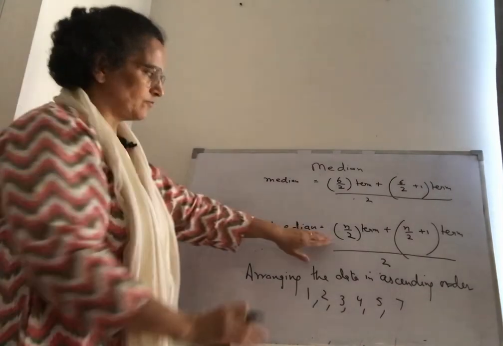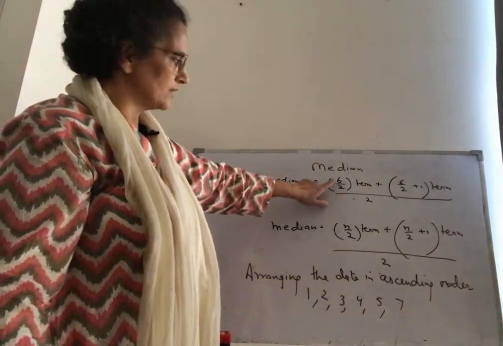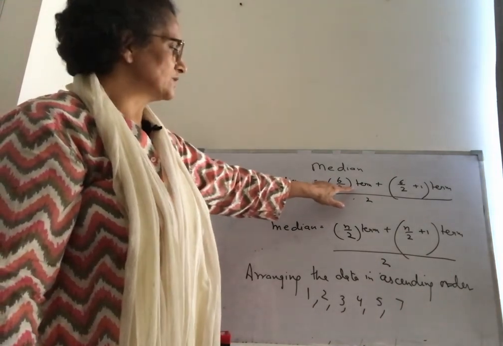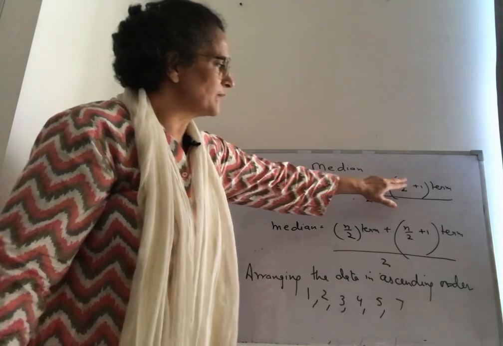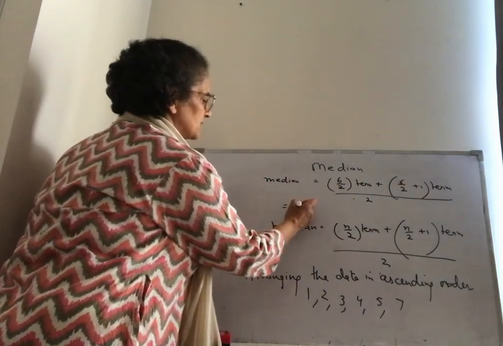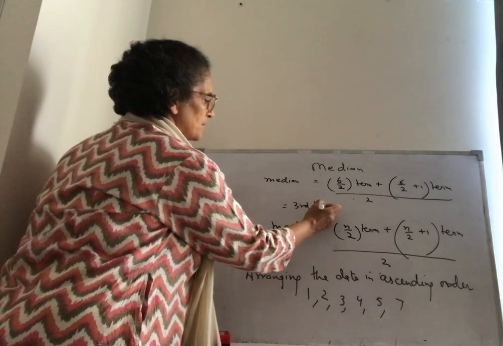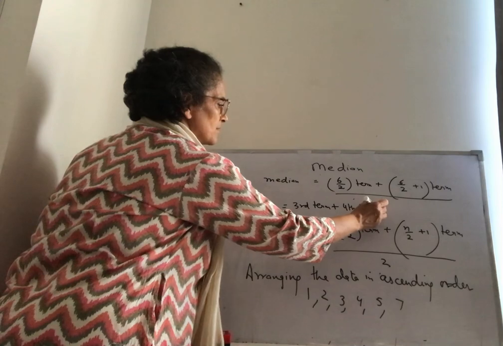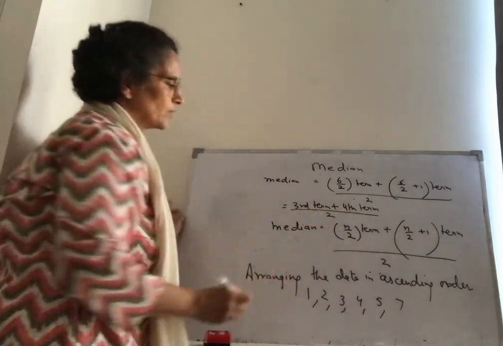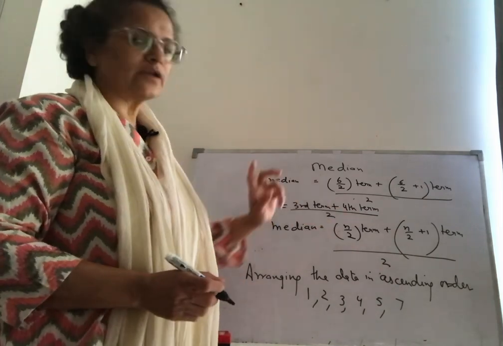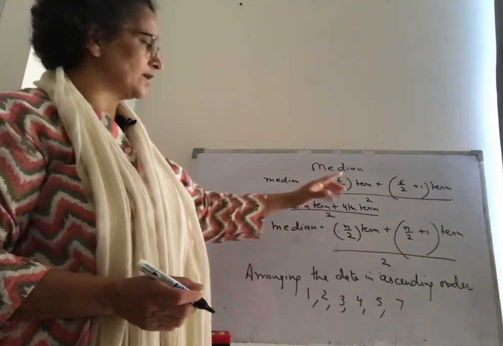Now 6 upon 2 is 3, so this is the third term. 3 plus 1 is the fourth term. So this is the third term plus the fourth term upon 2. The mistake committed is that you start adding 3 and 4. You are not adding 3 and 4.